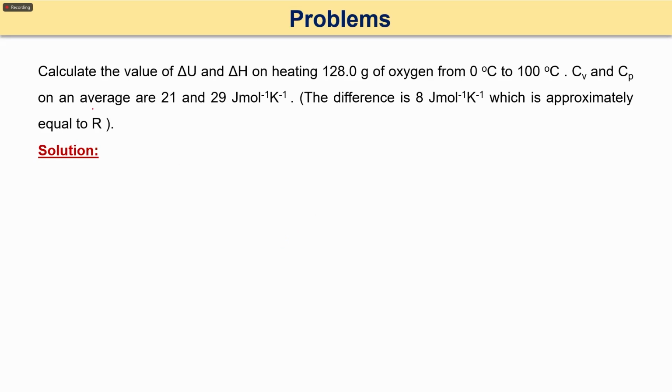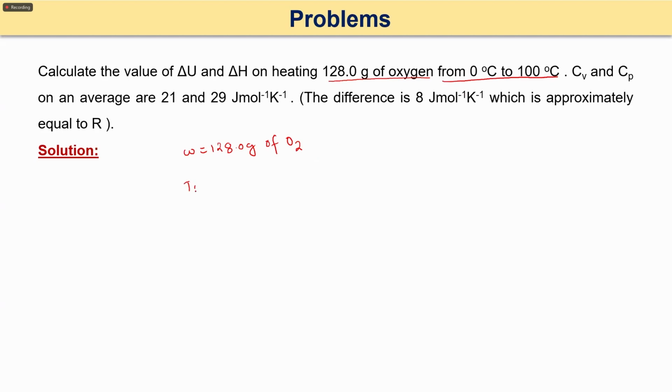We have to calculate delta U and delta H. The question is: calculate the values of delta U and delta H on heating 128 gram of oxygen from 0 degree Celsius to 100 degrees Celsius. So they have given the weight, 128.0 gram of oxygen, and they are increasing the temperature by 100 degrees.